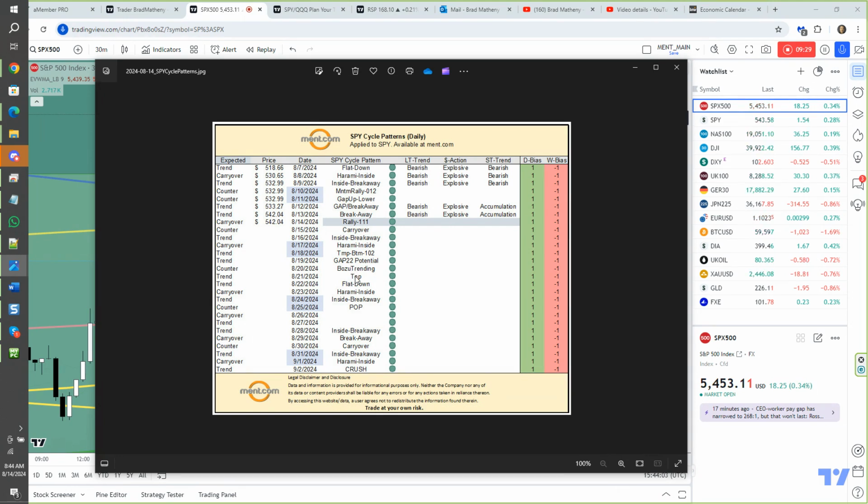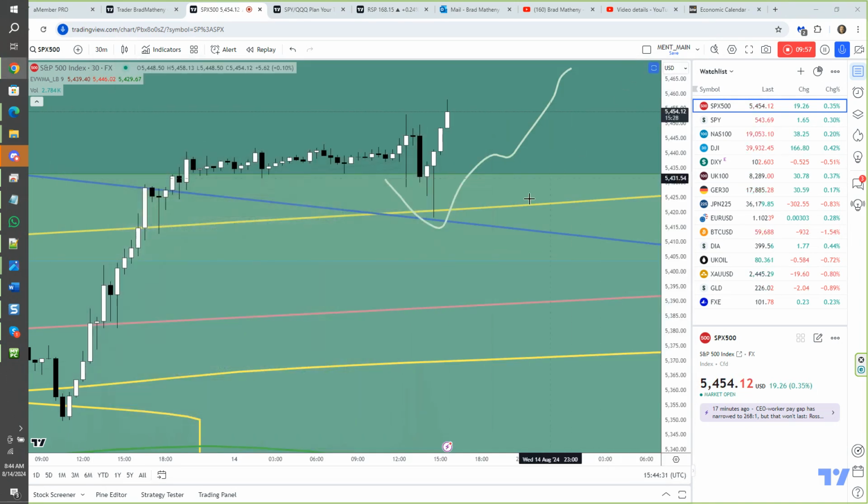And then we have a topping pattern. This topping pattern sets up after a Bozu trend. So again, how does that work? Well, a Bozu trend sets up a top, sets up a flat down, sets up a Harami inside. So if you look at this gap potential potentially being to the upside, a Bozu bar potentially being a large range or medium range contraction bar, a topping pattern is the opposite of a temporary bottom.